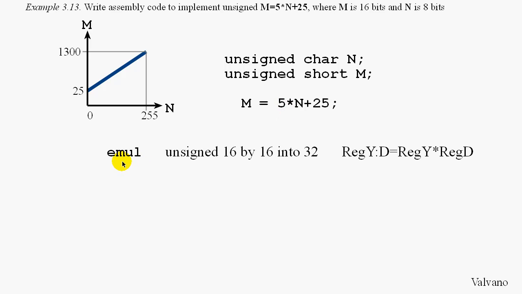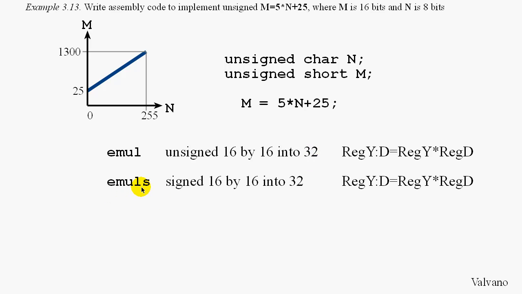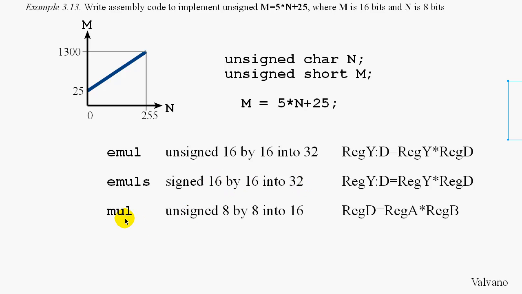There are 3 multiply instructions to choose from on the 9S12. EMUL is an unsigned 16 by 16 bit into 32-bit product. The EMULS is a signed 16 by 16 bit into a 32-bit product. And the MUL instruction takes an unsigned 8-bit, multiplies it by another 8-bit to get an unsigned 16-bit product.